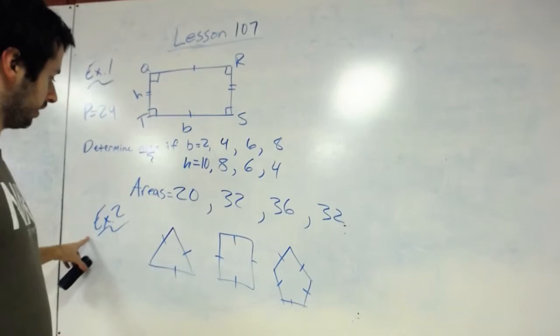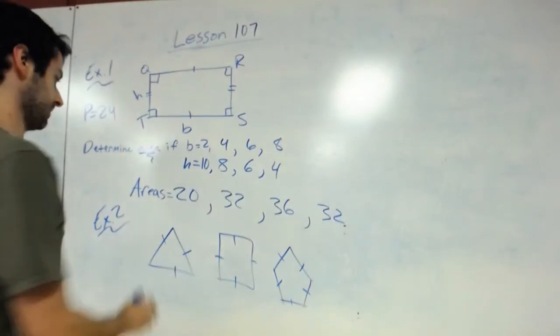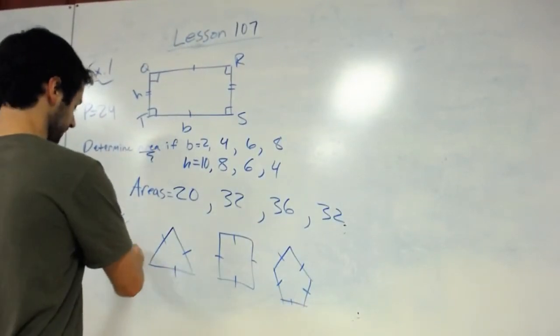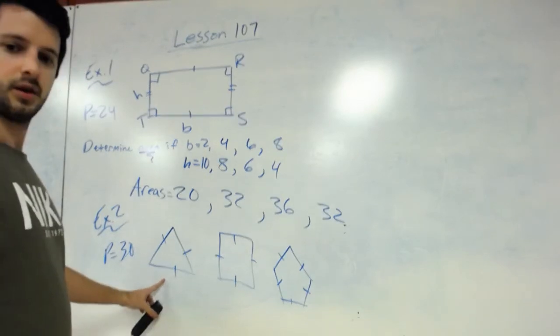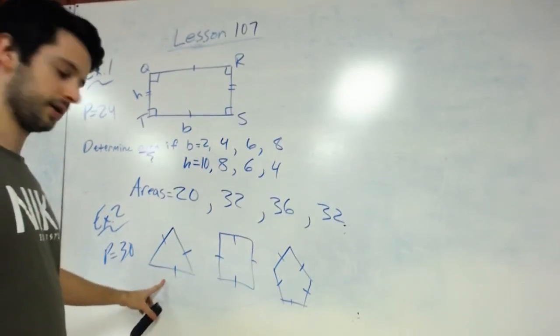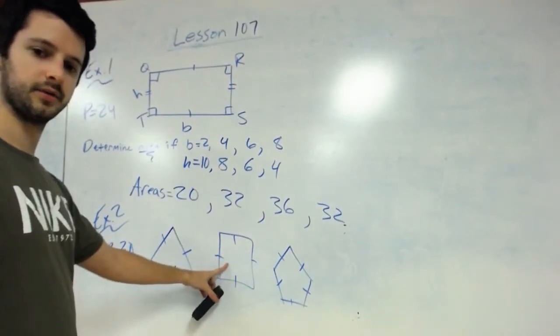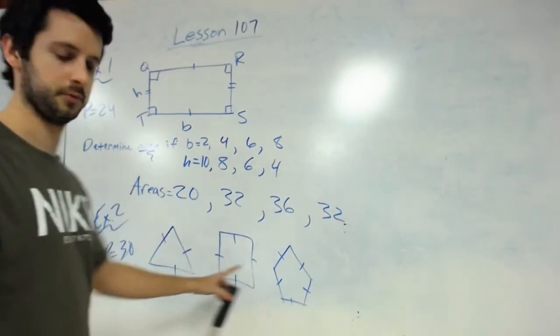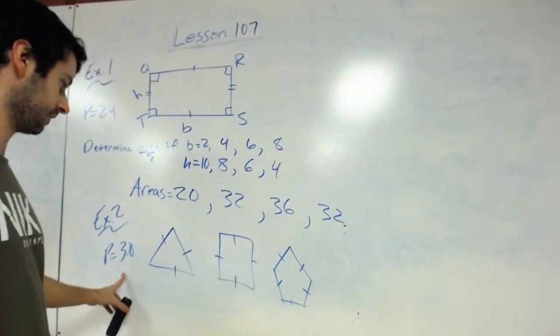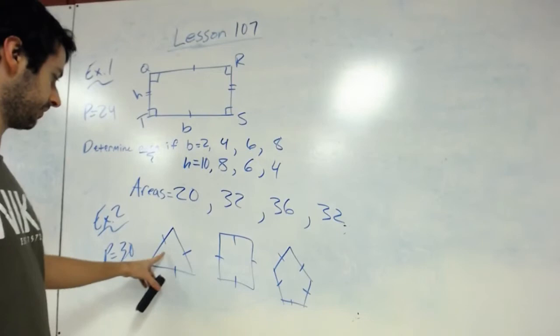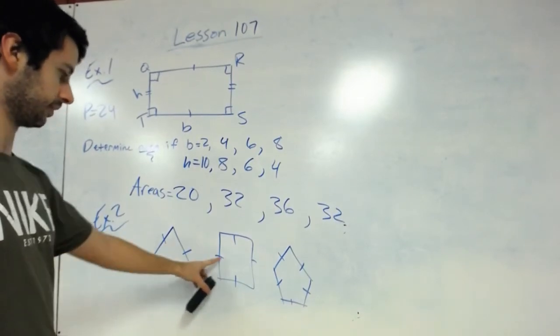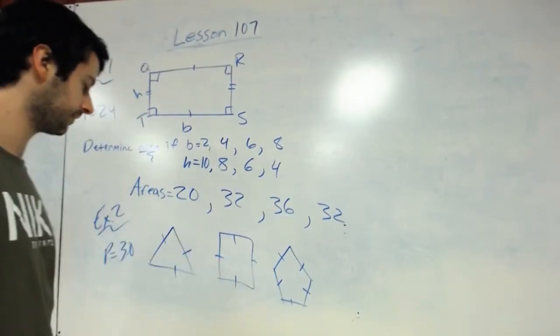If all these shapes have the same perimeter, say they're all a perimeter of 30, in the end, just know that the more sides there are, the bigger the area when the perimeter is the same. So the perimeter here is 30, for all these.